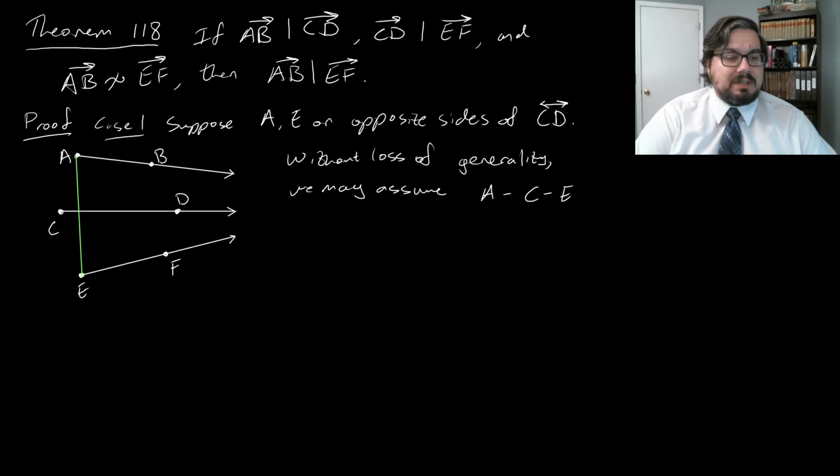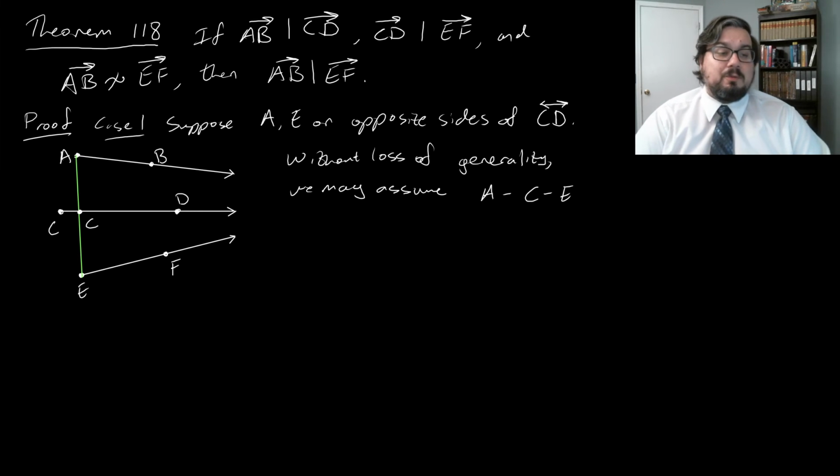If we just replace whatever the point C was before with the point that lies in between A and E, that's going to give us a ray that is equivalent to the original ray CD, and because being critically parallel doesn't care if you replace one ray with an equivalent ray, then all of our statements still hold. And so if we prove the theorem in this situation, well, then at least this case of it will be solved.